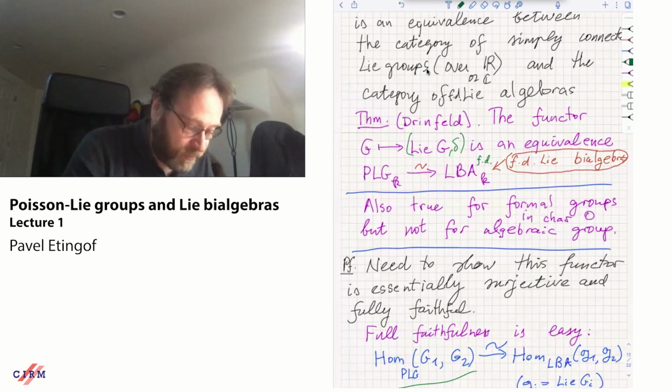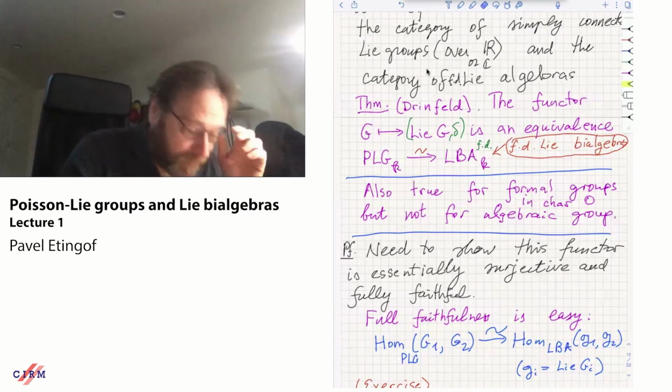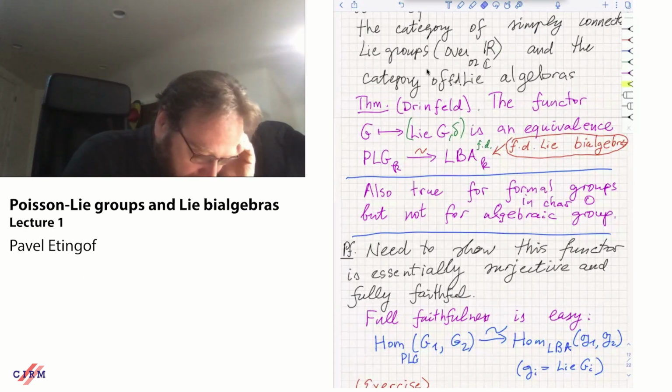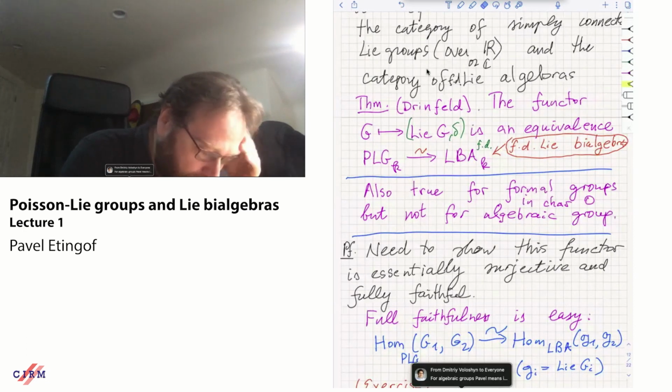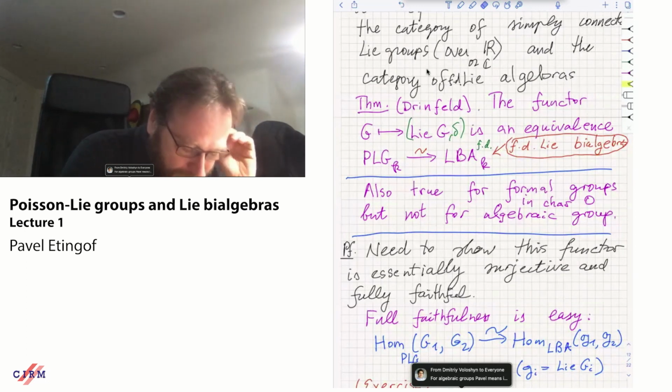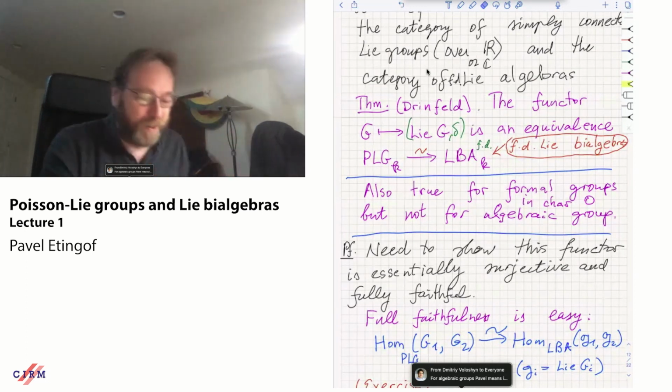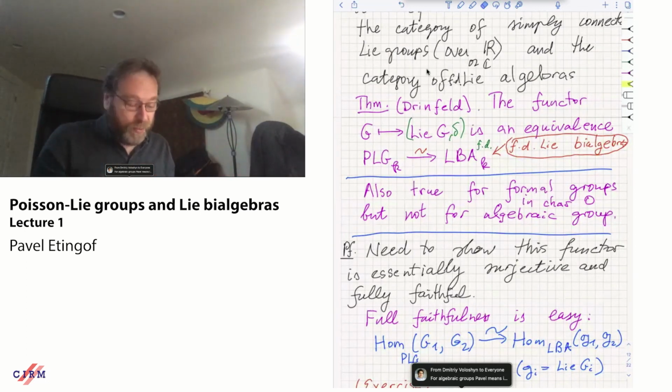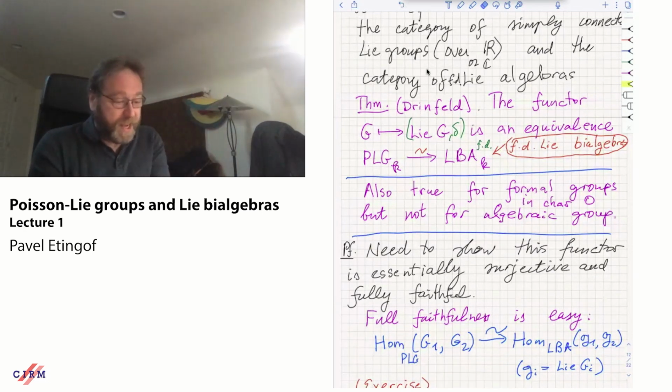And this actually is an easy exercise. Hom as Poisson-Lie groups from G1 to G2 is isomorphic to Hom as Lie bialgebras from little g1 to little g2. So why is this an exercise?